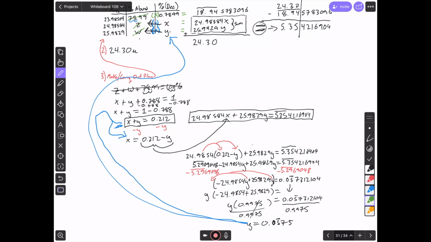So all I have to do, let's do it in green, make it easier to see. I simply do 0.212 minus 0.0575, that's 1 sig fig, and I will get my x.